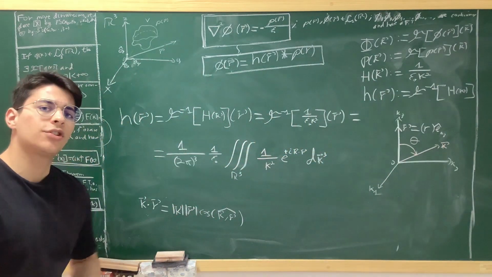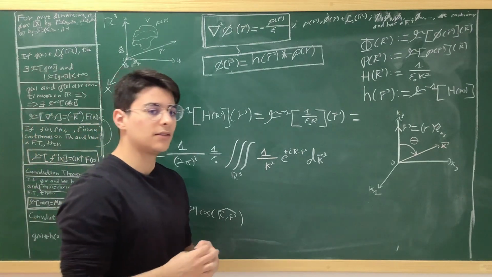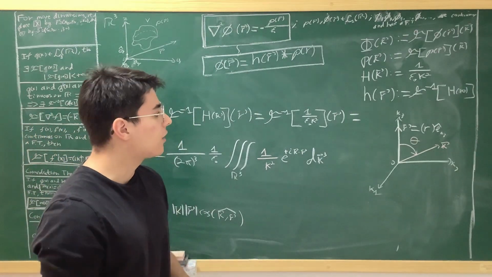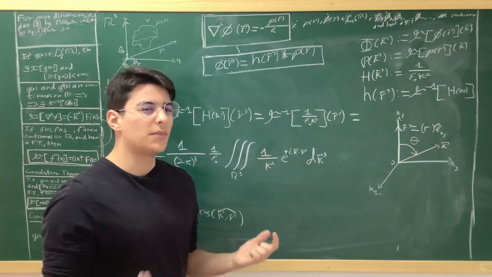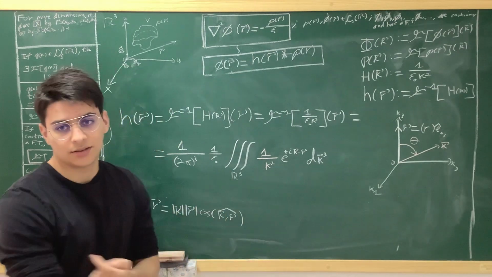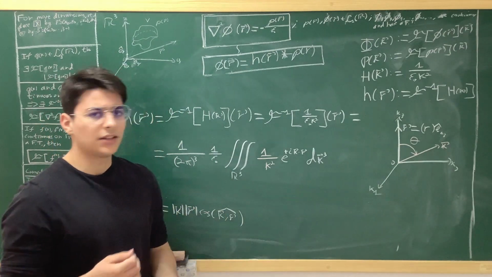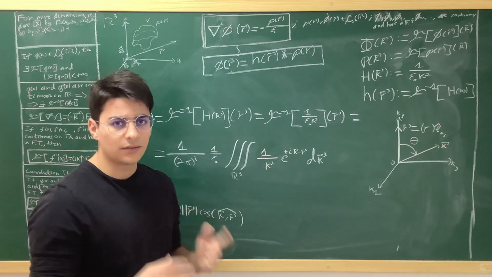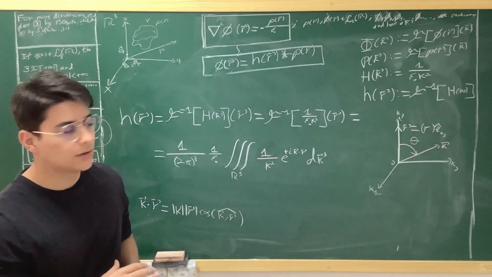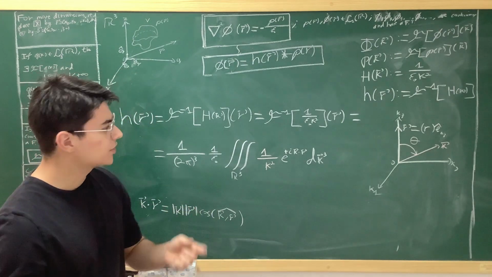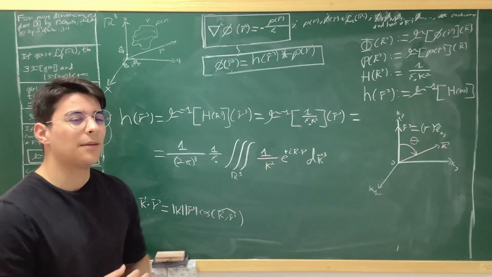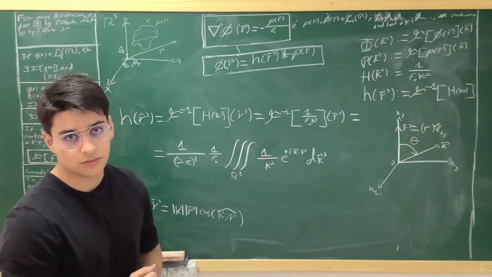And why is that a good choice? Because in spherical coordinates, if you have some doubts about them, in my channel there will be videos explaining different kinds of coordinates in real depth. For now, just trust me. This angle is the same as the angle we choose in spherical coordinates.